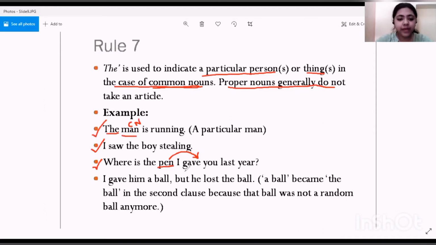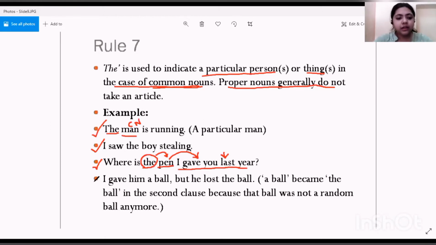Which pen? The pen I gave you last year. There are so many pens, but now we are talking about this one particular pen which had been given to someone last year. So therefore we are using this article the in order to make it definite, to show that we are talking about a particular pen which was given last year.